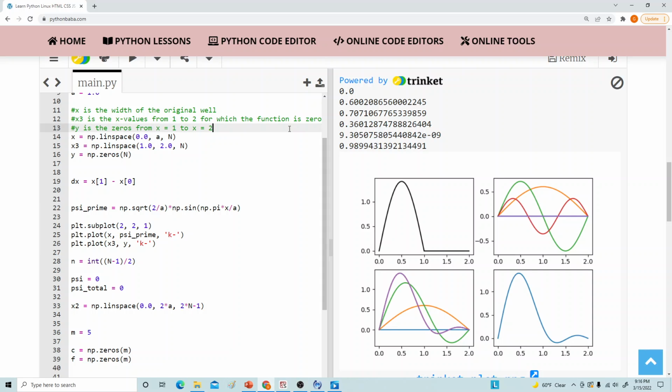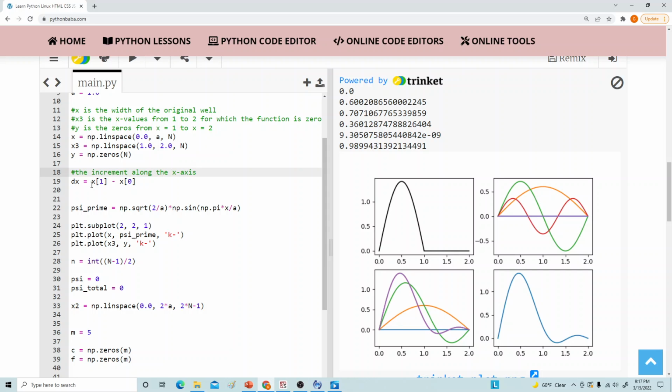Okay, so this set of zeros is just this part of this function, right? So it stays by itself. Dx is the increment along the x-axis.